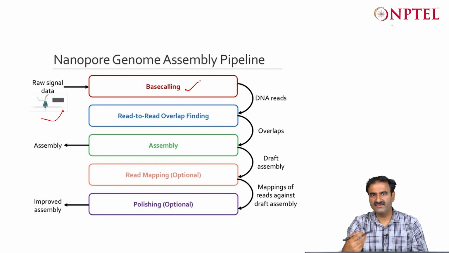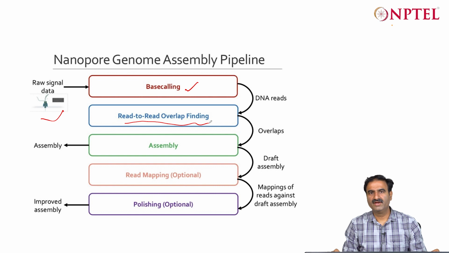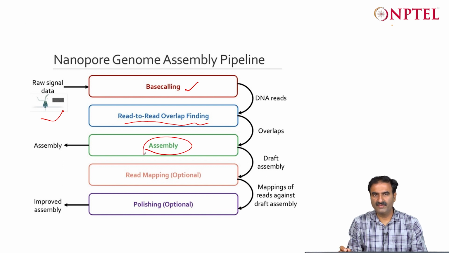Now with the reads that you get, you try to find an overlap between two reads and connect them until there are some reads which are overlapping. This is called assembly, and you keep on assembling till there are no gaps or very few gaps, or you don't find another overlap, okay.